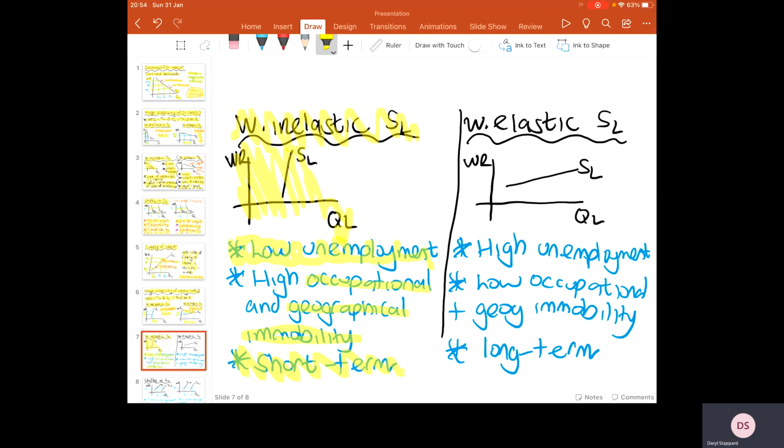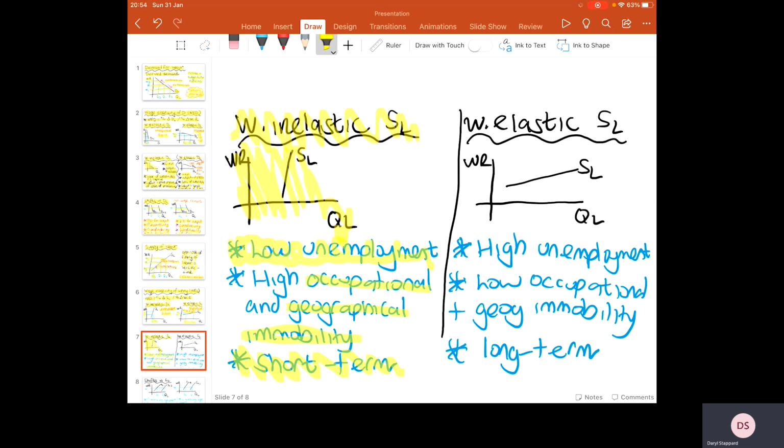Now, geographical immobility of labour. The idea is this time that people are in the wrong place compared to where the jobs are. So as wage rates grow across the economy, people find it difficult to supply their labour due to geographical problems. So what this could be is things such as the jobs are in a different part of the country to where they live. And it could be the cost of relocation is too high.